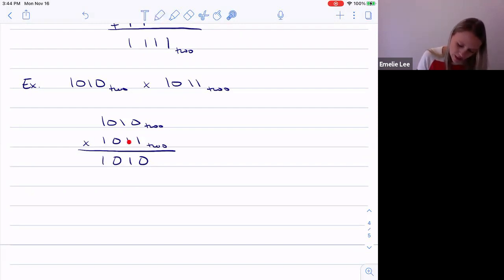So now I move on to this second one from the right, and whatever my first result is goes underneath that number. And then I collapse them all up. So I get 1 times 0 is 0, 1 times 1 is 1, 1 times 0 is 0, 1 times 1 is 1.